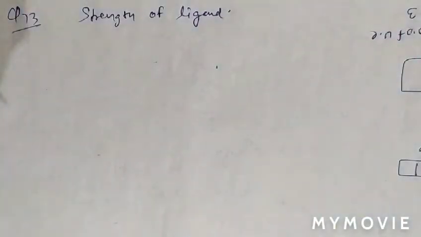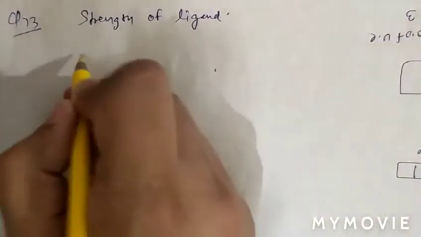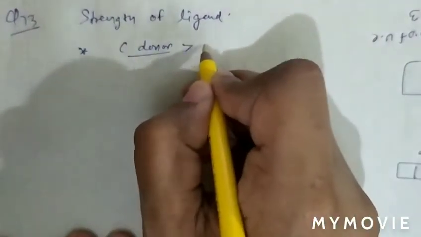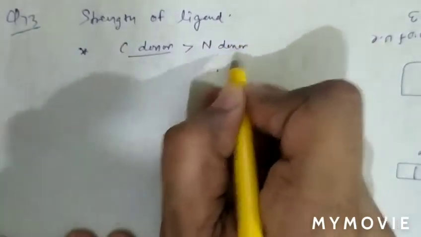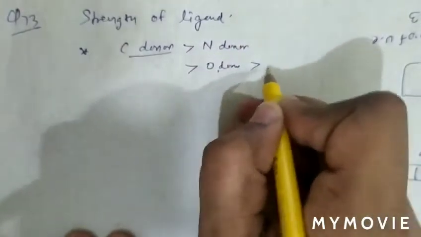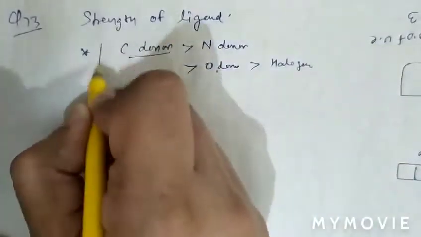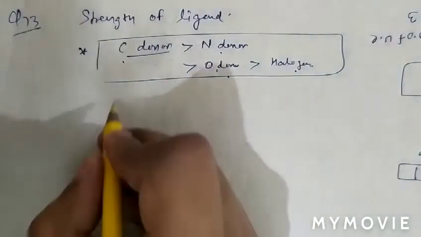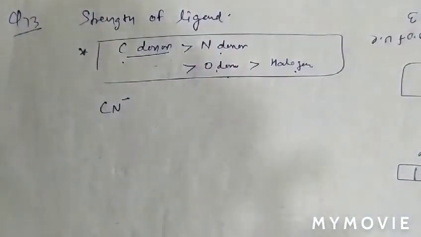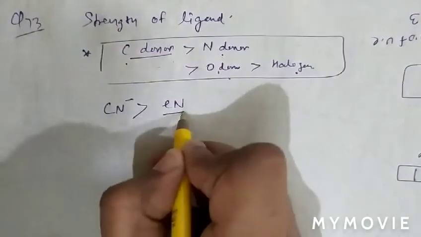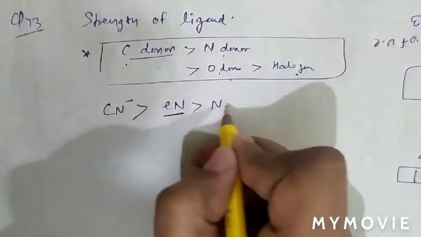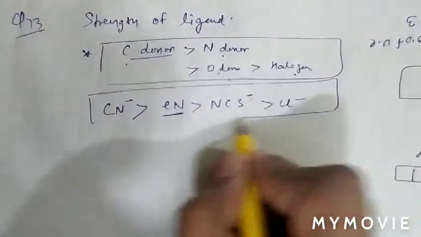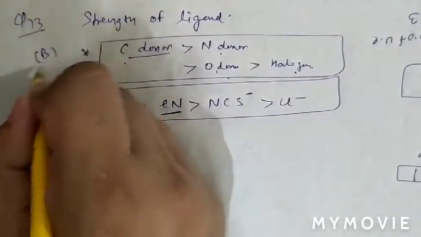As we know, carbon donor atoms are strong ligands, then nitrogen donor atoms, then oxygen donor atoms, and then halogens. So CN- will be the strongest ligand, then ethylenediamine en, then NCS-, and then the halogen, which is Cl-. So the correct order for question number 73 is option B.